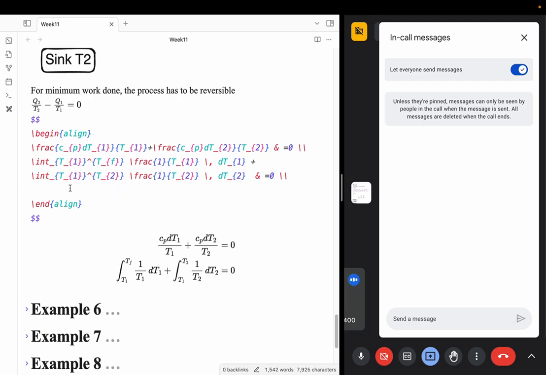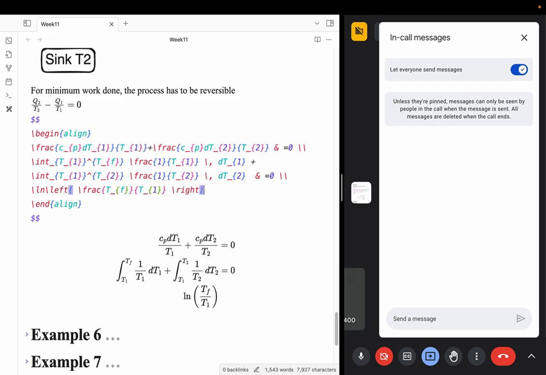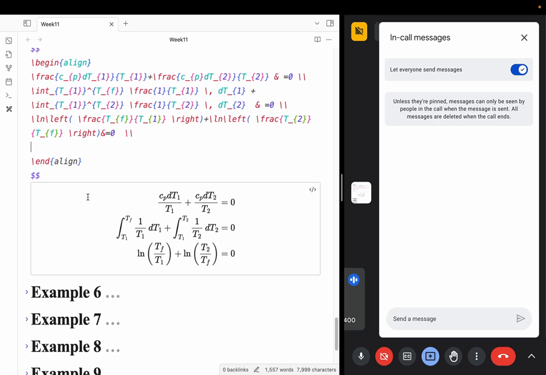So what is this equation giving you? ln Tf by T1 plus ln T2 by Tf equal to 0. So if you do the math, this will be T2 by T1.